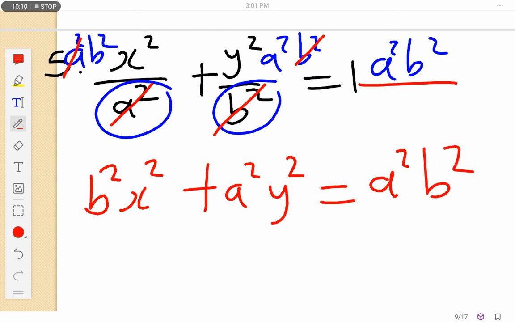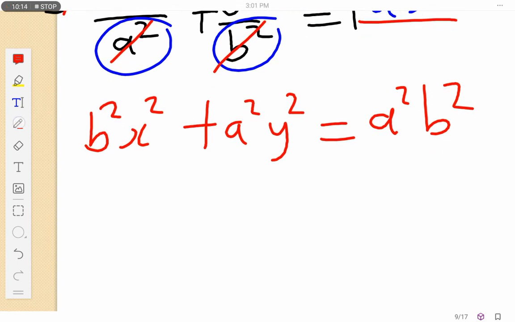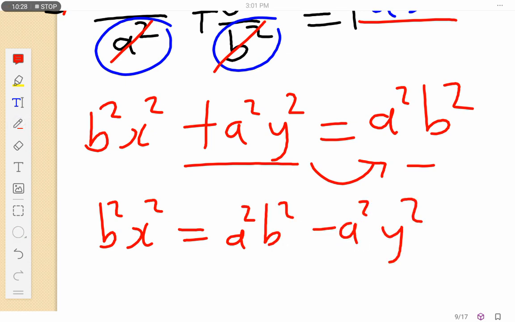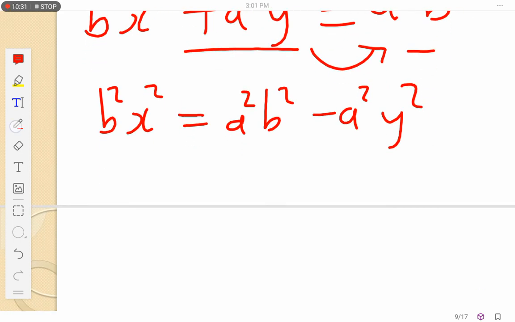Fine. Now we want to remain with x on one side, so I'm going to take this part to this side, it becomes minus. So we get b squared x squared is equal to a squared b squared minus a squared y squared, like that. Okay, let's simplify.